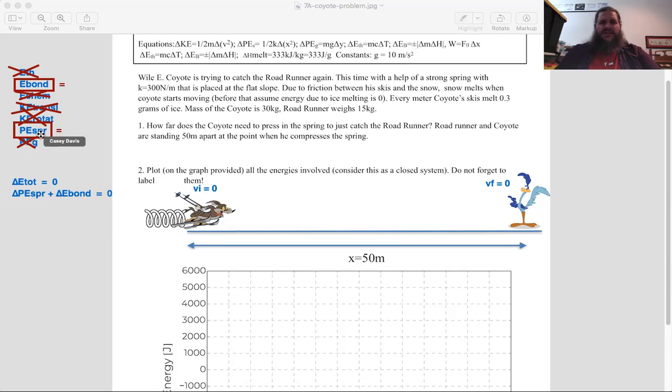Or what is the indicator for spring potential energy? What should spring potential energy depend on?